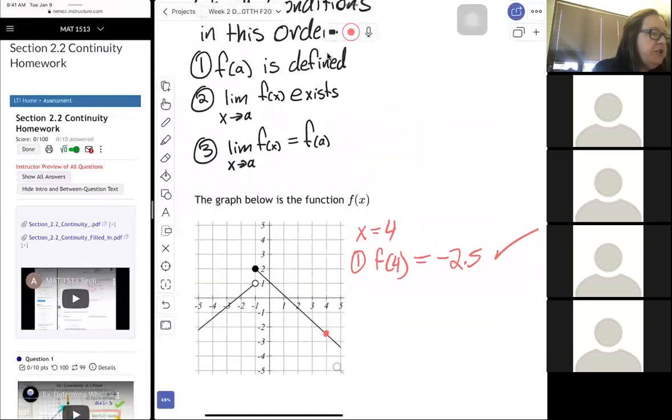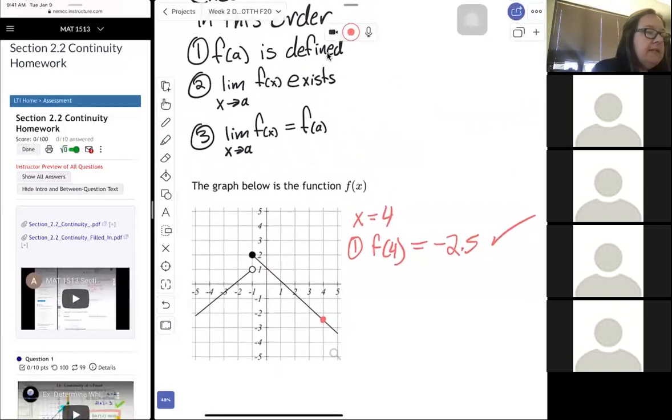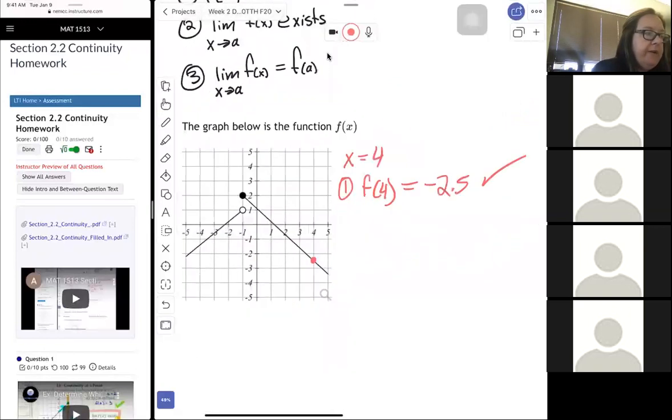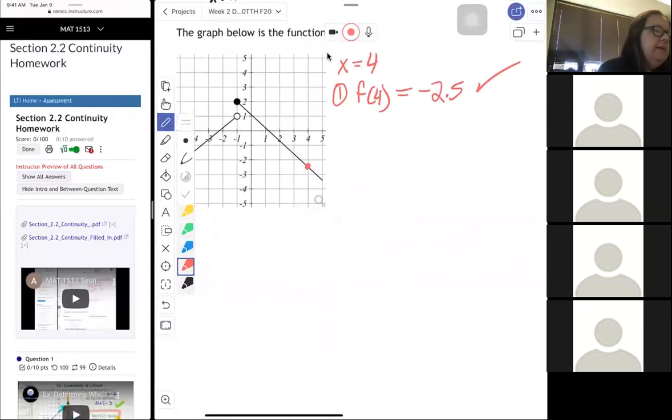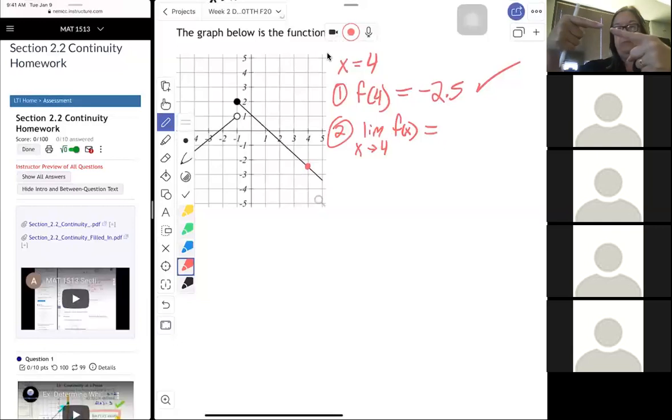All right, condition 2 is that the limit as x approaches A of f of x exists. So condition 2: the limit as x approaches 4 of f of x is equal to... Okay, so let's talk about this. On Tuesday when we talked about limits, or if you watched the lecture video, a two-sided limit, which is what this is, exists if the two one-sided limits come into the same point.